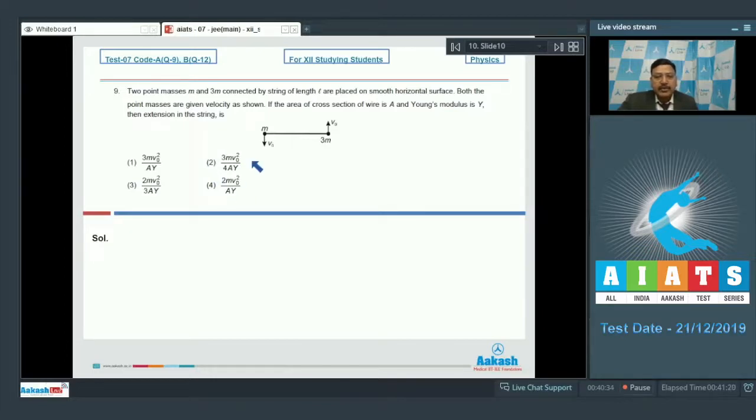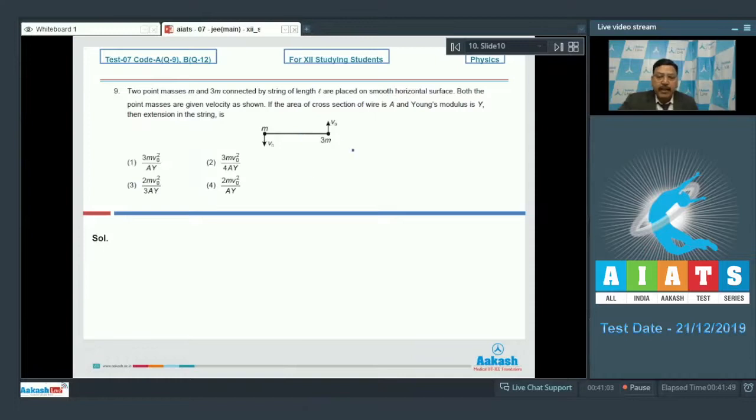Of course, we will use results for the mechanical properties of solids from the topic elasticity, and to find the extension we also need to find the tension in the string, for finding which we shall apply the concepts of system of particles. So first of all, to find tension in the string we locate the center of mass.